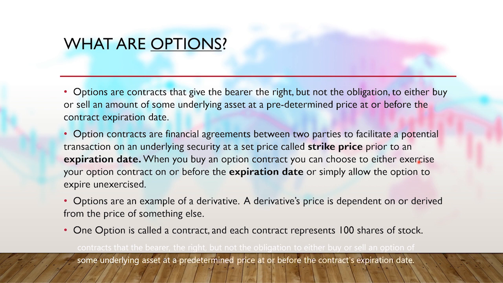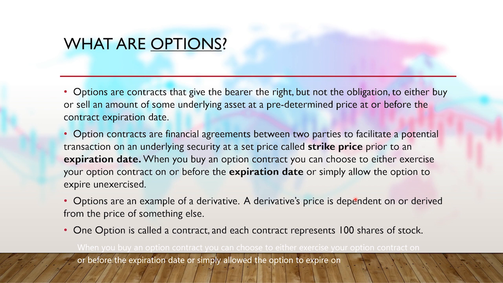Option contracts are financial agreements between two parties to facilitate a potential transaction on an underlying security at a set price called a strike price, prior to an expiration date. When you buy an option contract, you can choose to either exercise your option contract on or before the expiration date, or simply allow the option to expire unexercised.